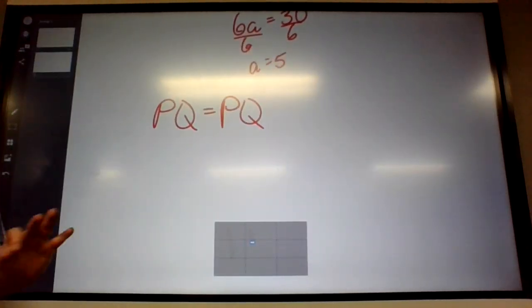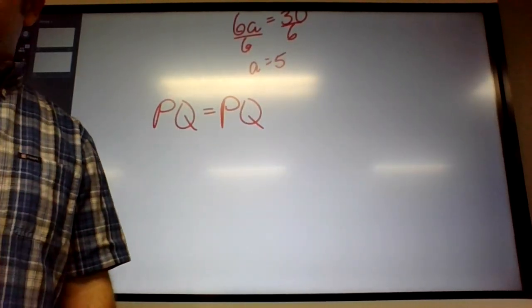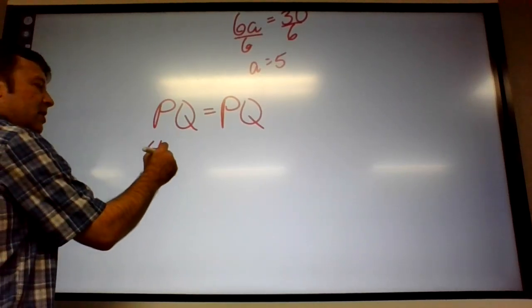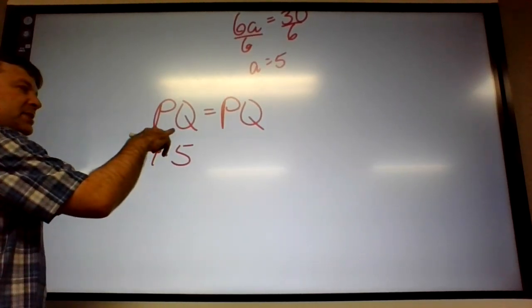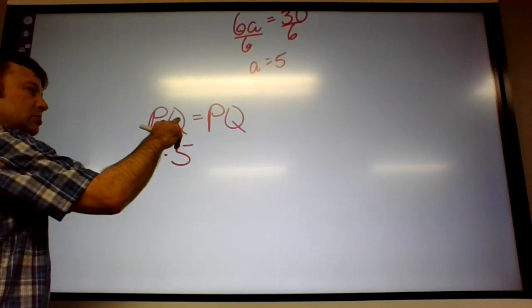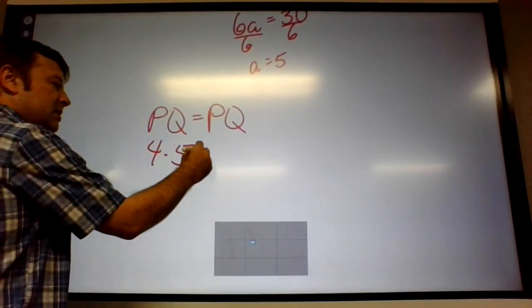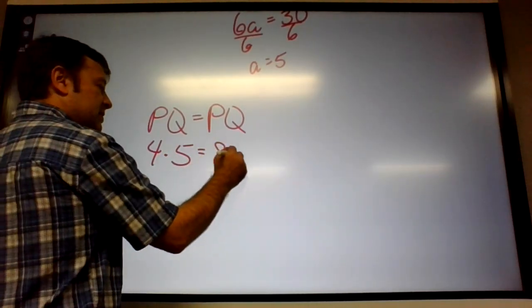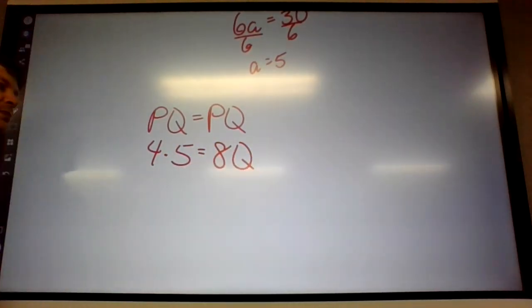And we're just going to plug in the stuff that they give us. So P is 4 when Q is 5. What does it mean when the letters are right next to each other? Multiply. And then it says find Q when P is 8.